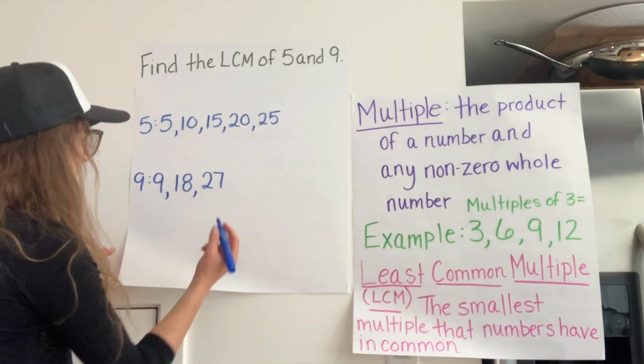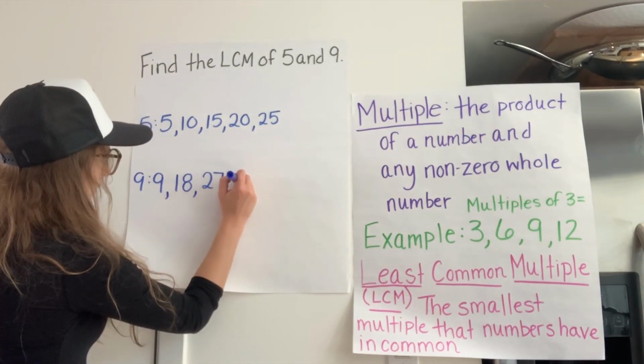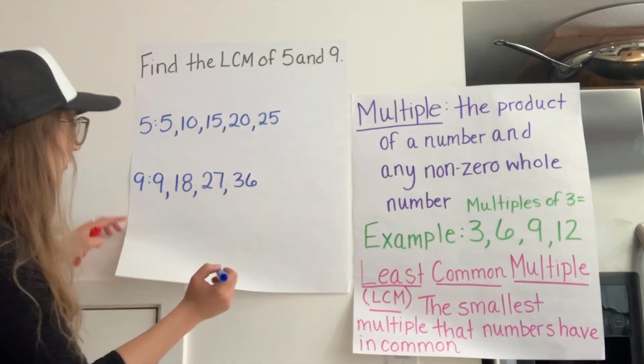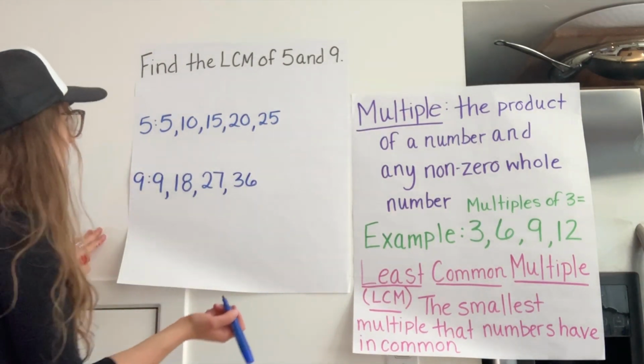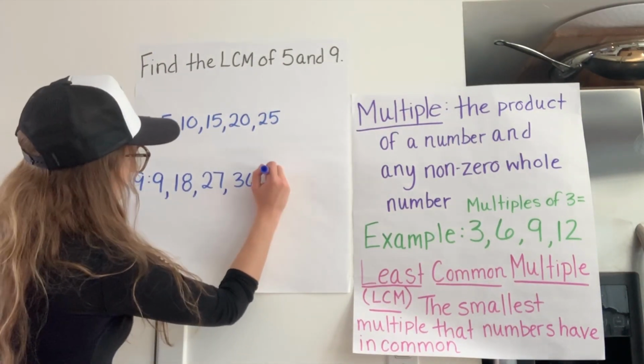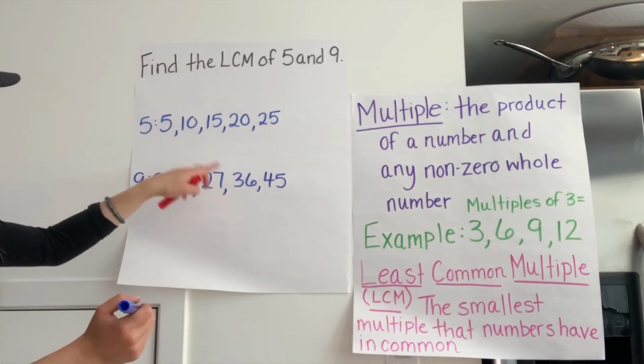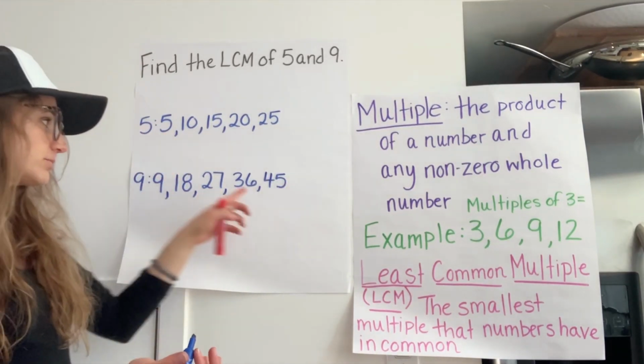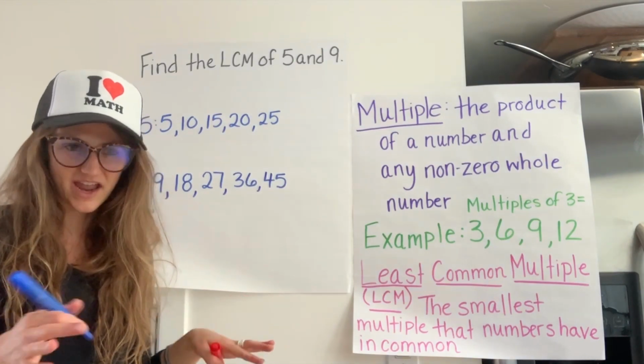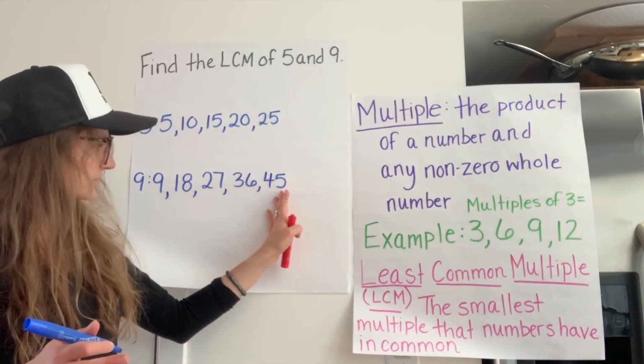Got to keep going. 9 times 4 is 36, so that's my next multiple. 36 is not a multiple of 5. My next multiple is 45. And 45 might be a multiple of 5, and I noticed that it ends in 5. So I've listed 5 multiples of 9.